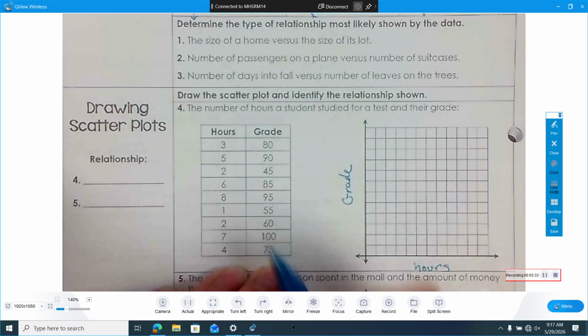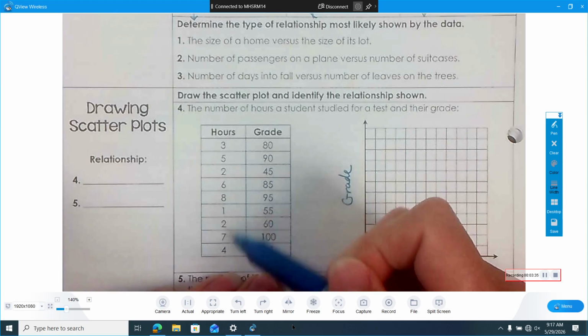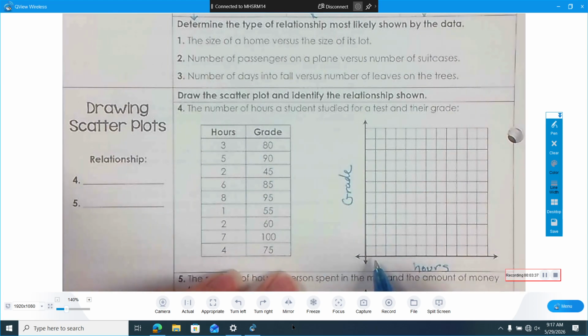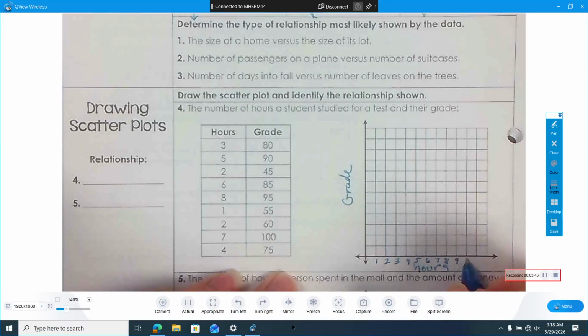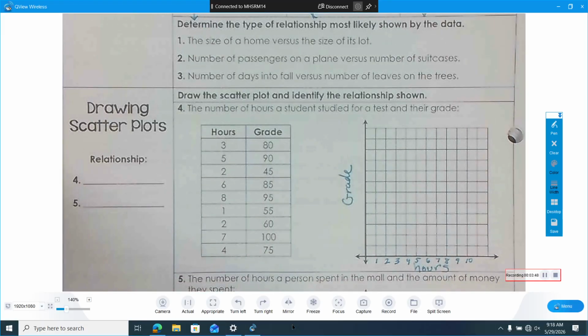It looks like we're going from 1 up to 8 or so, so I'm just going to count by ones. On the hours side, 1, 2, 3, 4, 5, 6, 7, 8, 9, 10 will do.